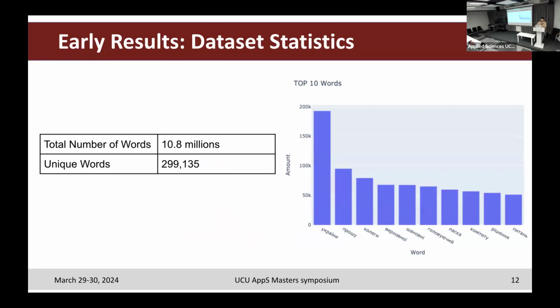The most frequently occurring word was Ukraine, approximately 200,000 times. The next neighbor to Ukraine is "Прошу" (please). It was mentioned less than half as often. And the third one is the word "colleague".